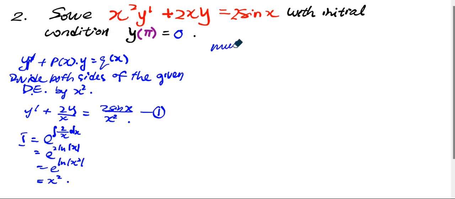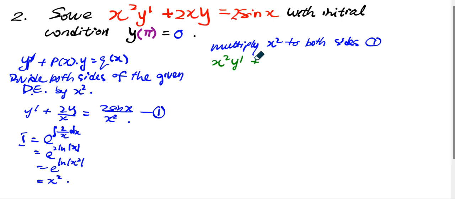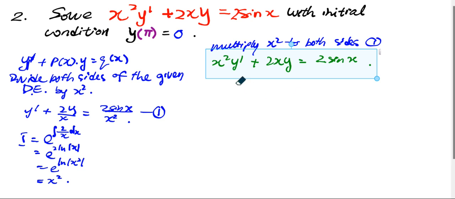So now, let's call this equation number 1. Multiply x squared to both sides of differential equation 1. So we will now get x squared y dash plus 2xy equal to 2 sine x.